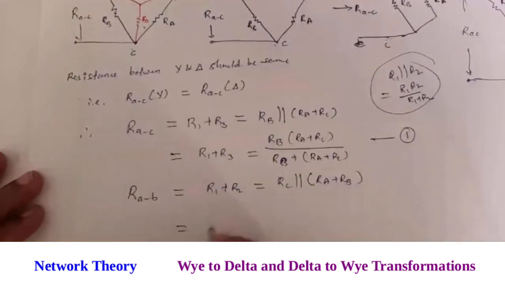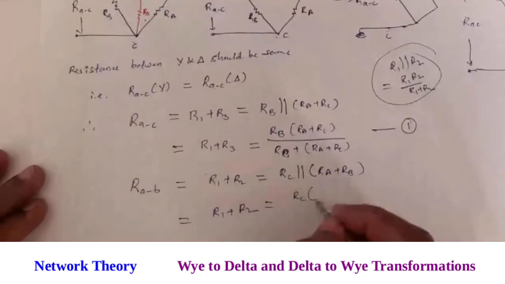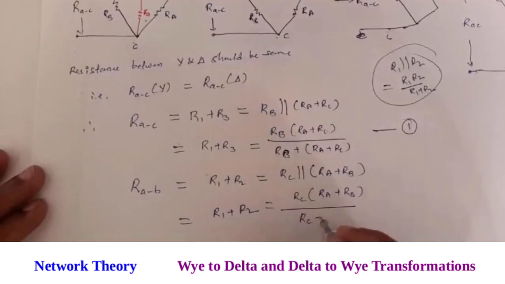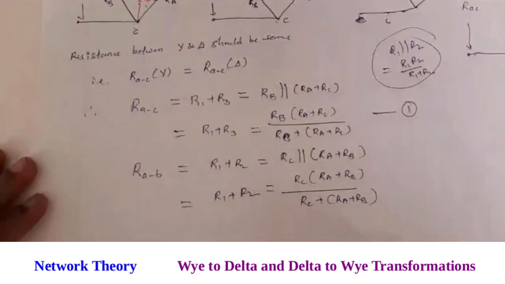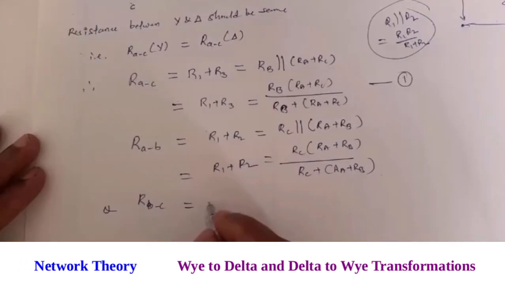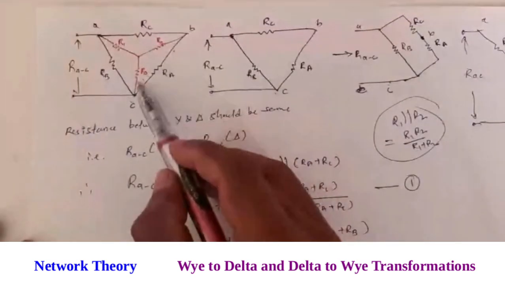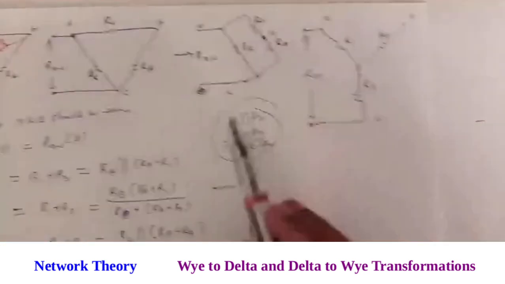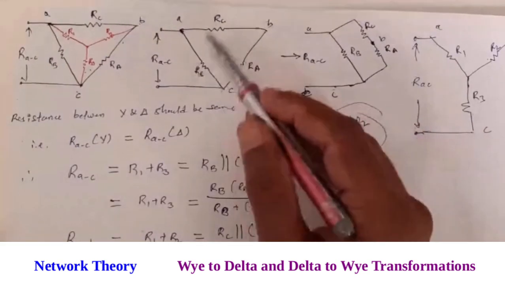Now this is equal to R1 plus R2, which is equal to RC into RA plus RB divided by RC plus RA plus RB. Right? So now one more we can write, RBC. If you see BC, for a Y network it is R2 plus R3. For a delta network, RBC is RA parallel with the series combination of RB and RC.